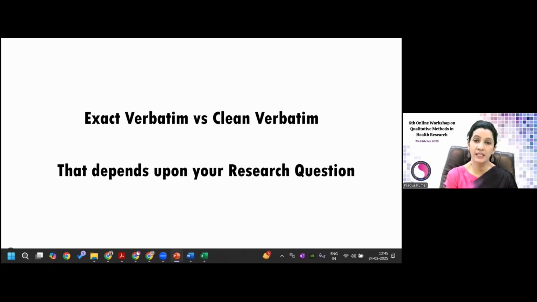But if you are doing it later, or getting it done by some other person, then I think clean verbatim is better. Generally in community medicine, most of the research is related to the health system or the services which they are getting. So in that case, we need the clean verbatim.